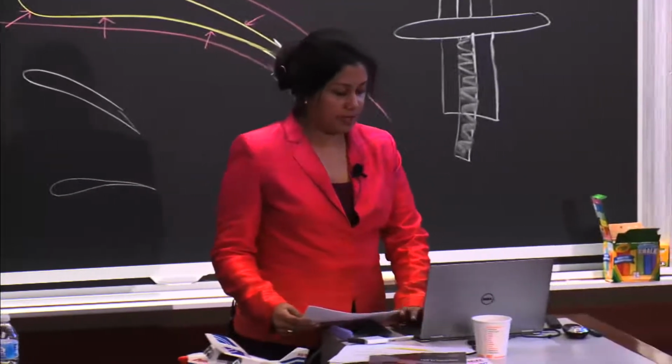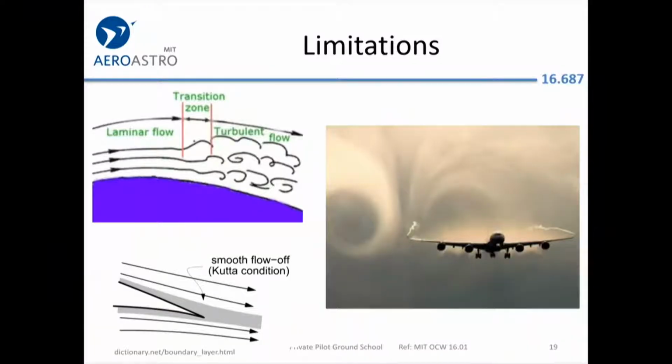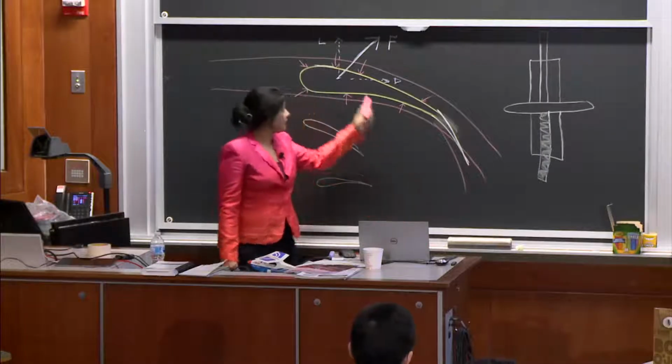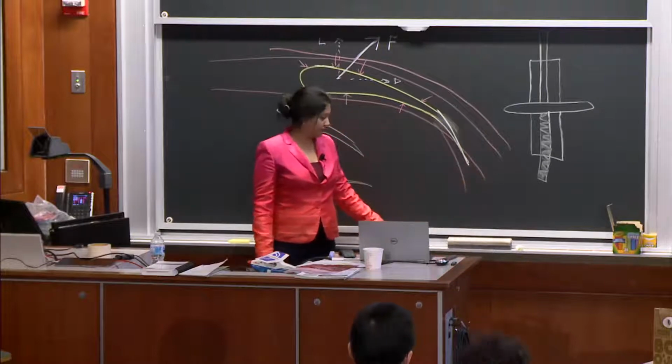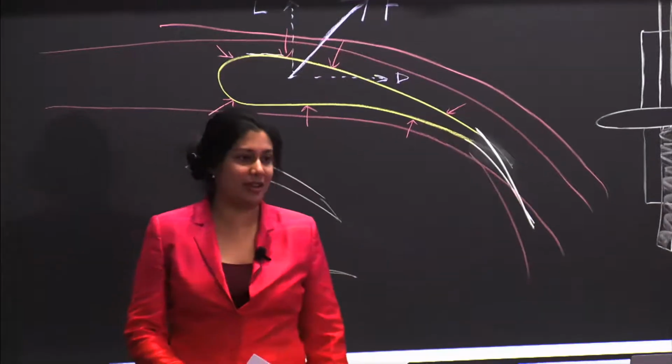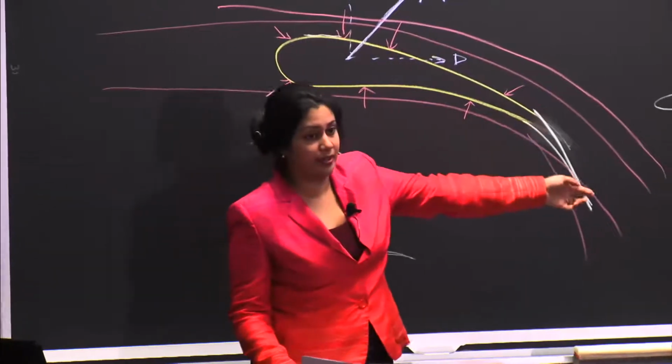And let me talk about some of the limitations that we have in solving these equations. First of all, it has to do with how the air flows over the wing. If the air is moving very smoothly past the airfoil, then it's easier to approximate. We can predict what a particular air molecule is going to do.